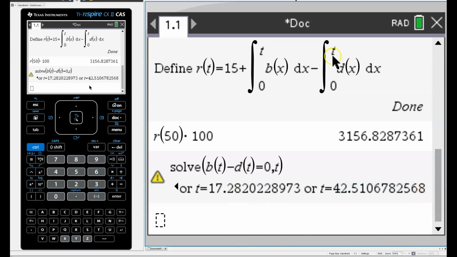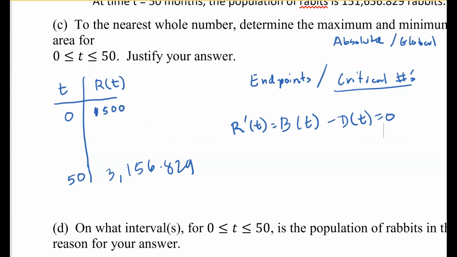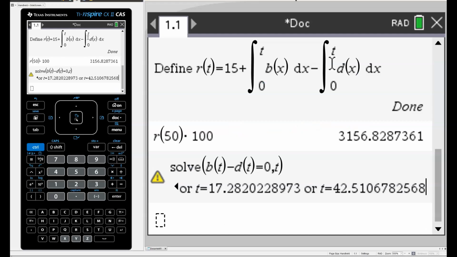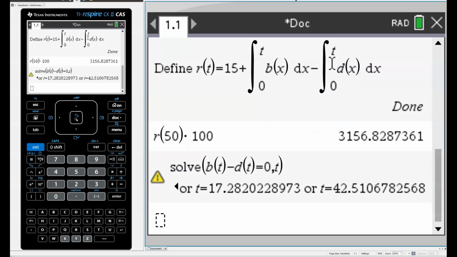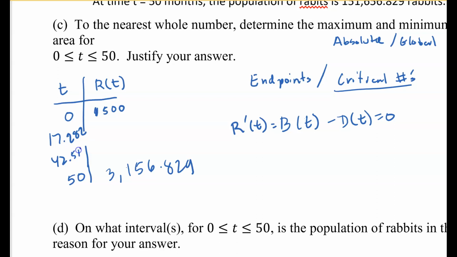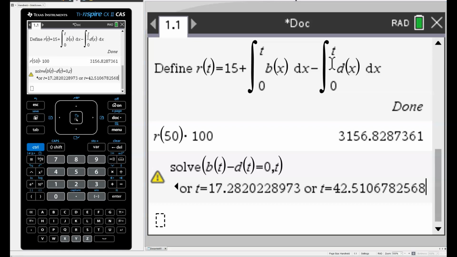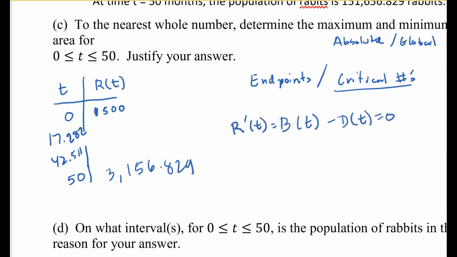Okay, so I want those values, 17.828 and 42.511. Okay, and so I want to find out how many rabbits are there at those times.